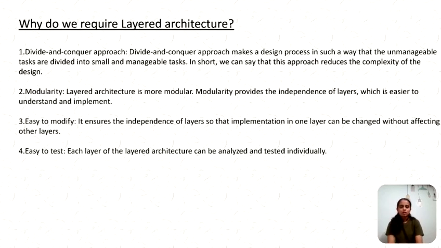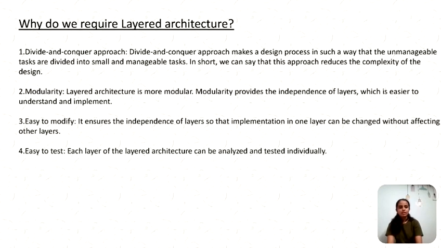Firstly, the divide and conquer approach makes a design process in such a way that the unmanageable tasks are divided into small and manageable tasks. In short, this approach reduces the complexity of the design. Modularity defines that layered architecture is more modular.